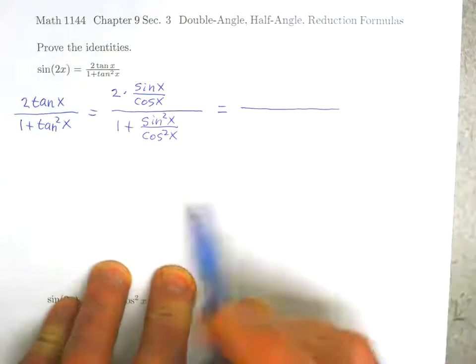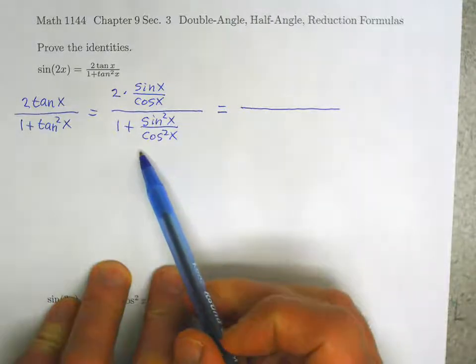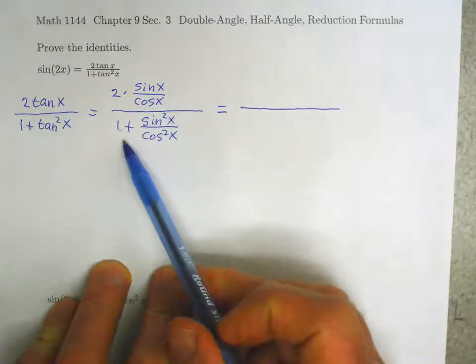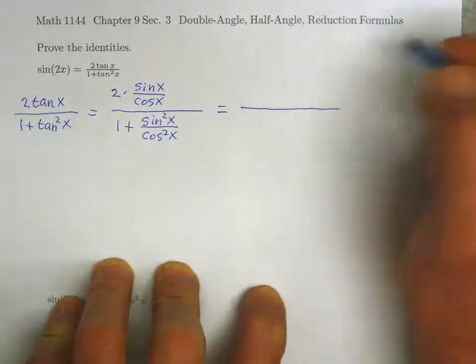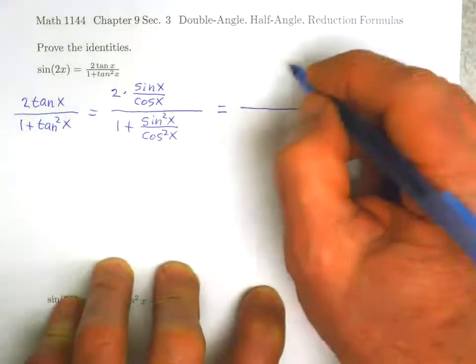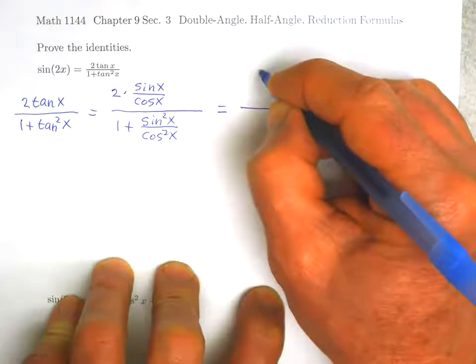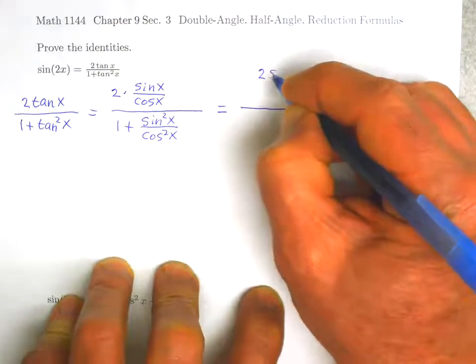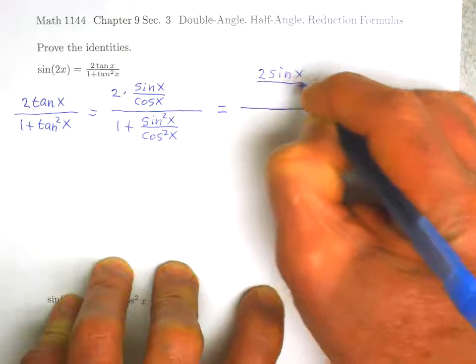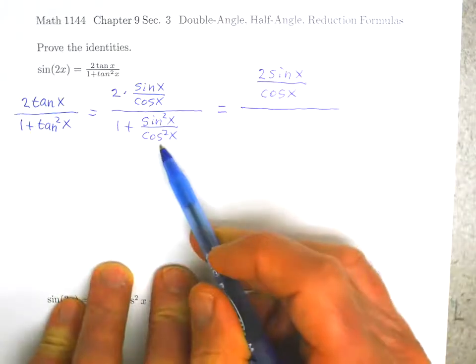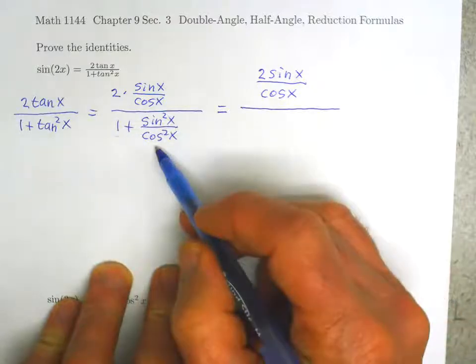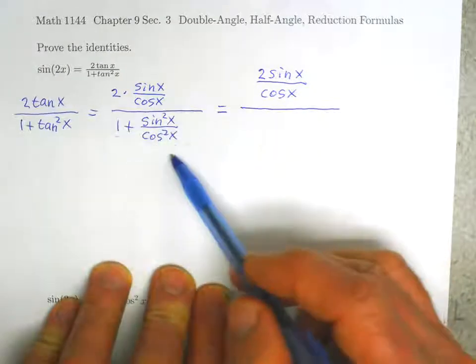So just like in algebra and arithmetic, writing expressions with a common denominator is usually something useful to do. So in the top numerator, I'll just write 2 times sine of x over cosine of x. And in the denominator, the least common denominator is cosine of x squared down here.